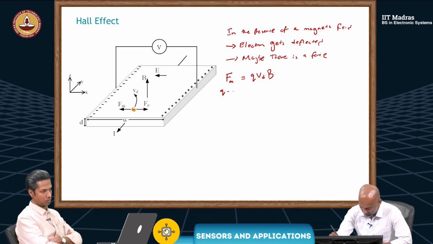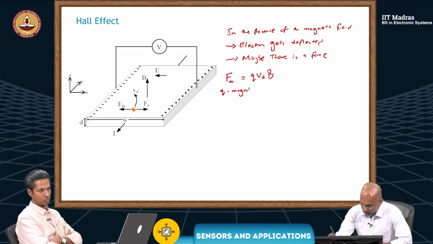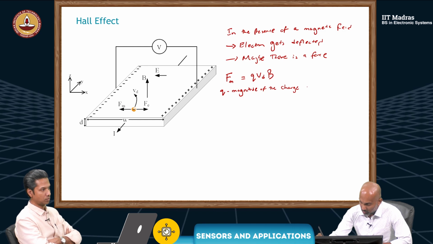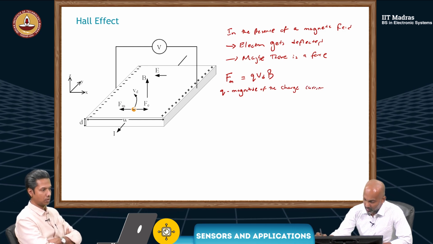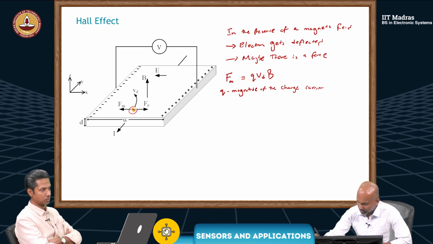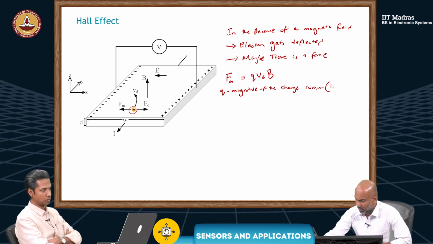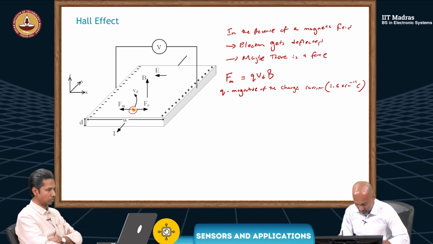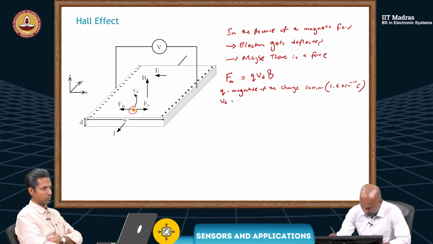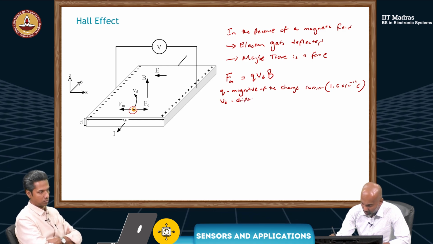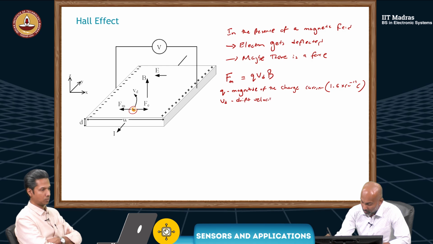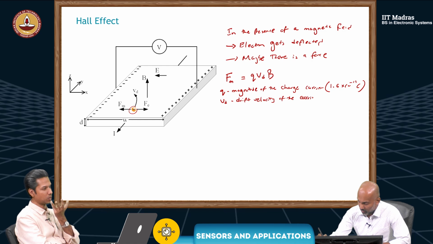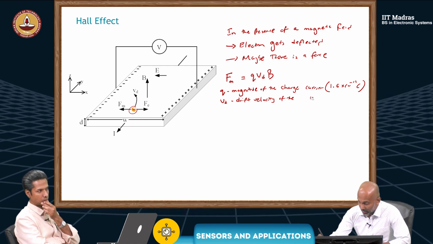Q is the magnitude of the charge carrier, which is basically 10 to the minus 19 coulomb, the basic charge. Vd is the drift velocity of the electron, or charge carrier, in this case electron.